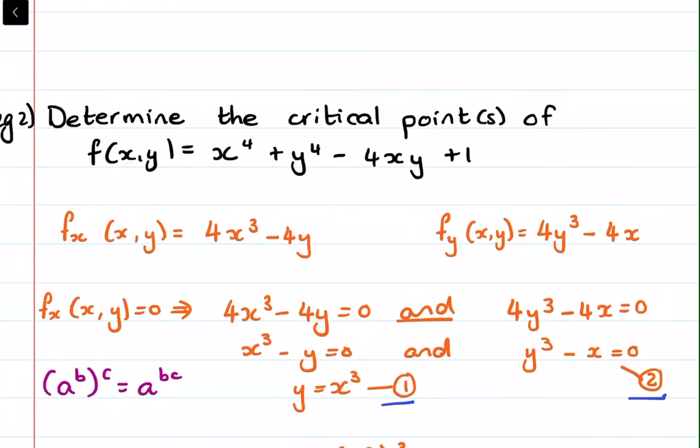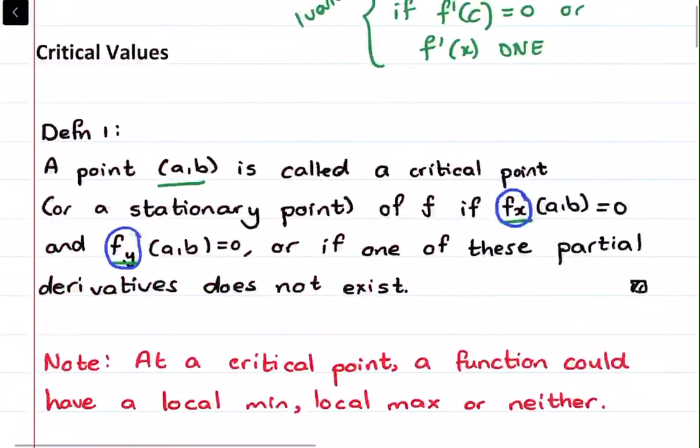So now, remember that what I have said here in red is that at a critical point, a function could have either a local minimum, a local maximum, or neither, okay? But we do not get into too much detail of how to find the absolute minimum and absolute maximum and those other properties of f that we have done for single variables.